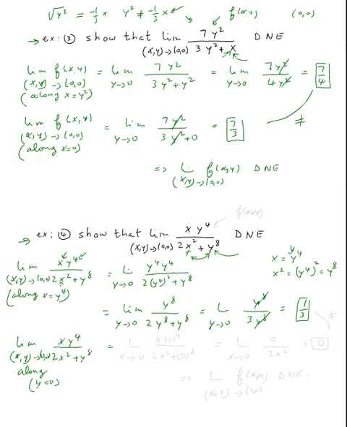So whenever I see y, I'm going to plug in a 0, and of course x approaches 0. The limit of 0 times x is just 0, over 2x squared plus 0, which is 2x squared, as x approaches 0, and this is just equal to 0.